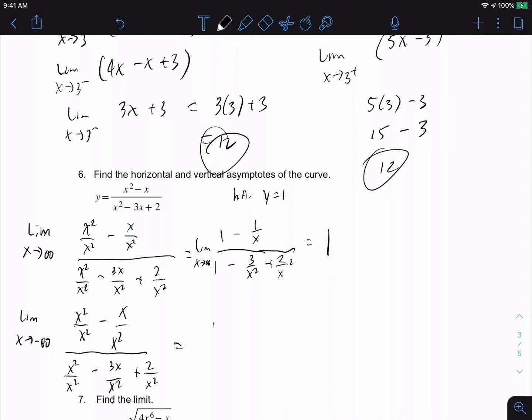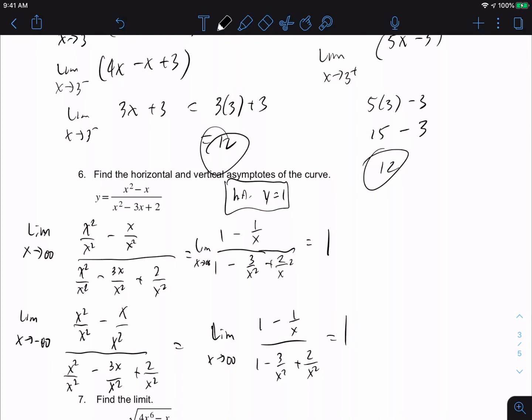So applying that, I'm going to end up with the limit as x approaches negative infinity of 1 minus 1 over x over 1 minus 3 over x squared plus 2 over x squared, which is again 1. So that only has one horizontal asymptote.